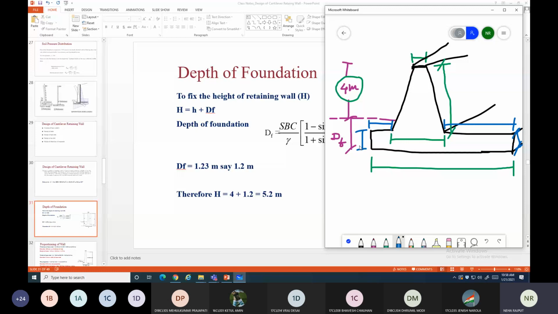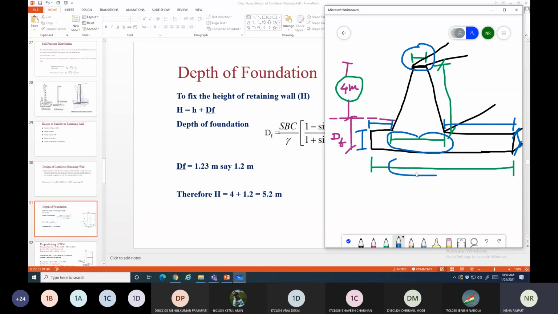Right, so in proportioning all this data you are going to find, ये सब आपको find करना है. Then आपको check करना है that whether the stability analysis is okay or not, overturning, sliding, upliftment, that all are within the limit or not. If not then you are going to change the parameter. ये सब parameters आपको change करने पड़ेंगे.